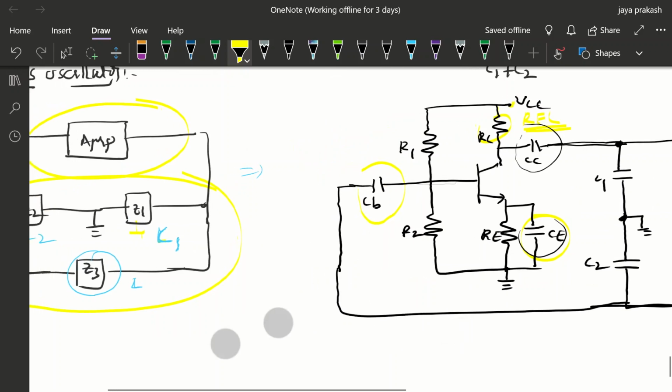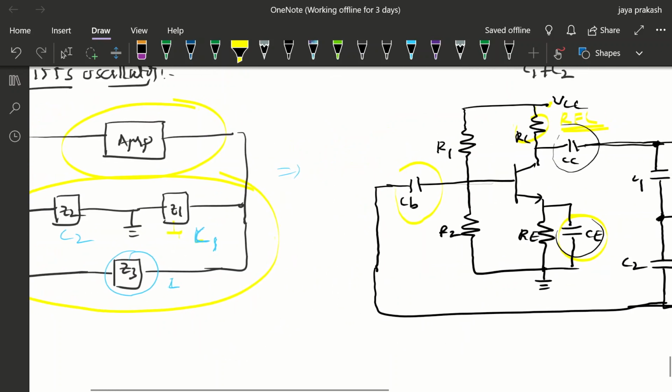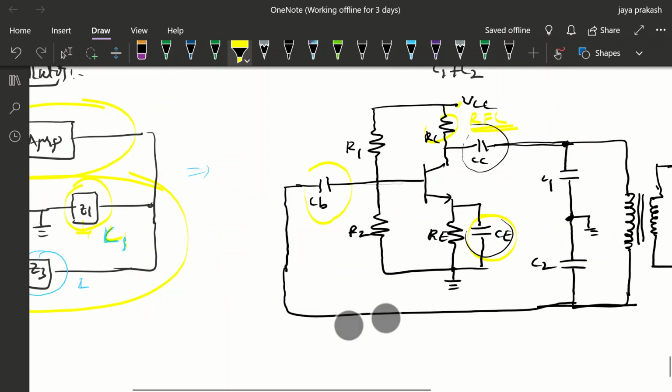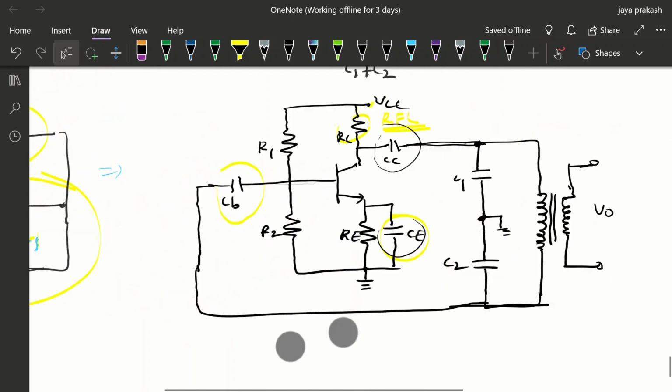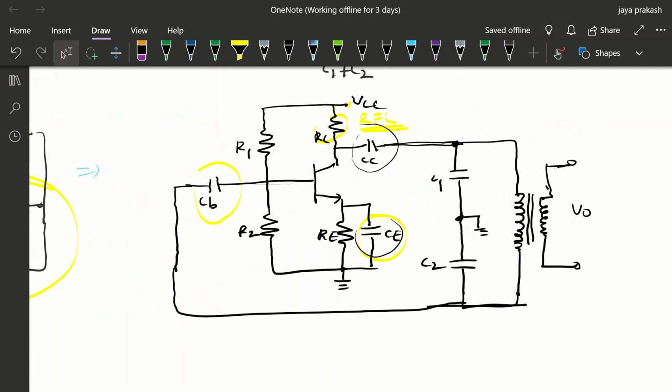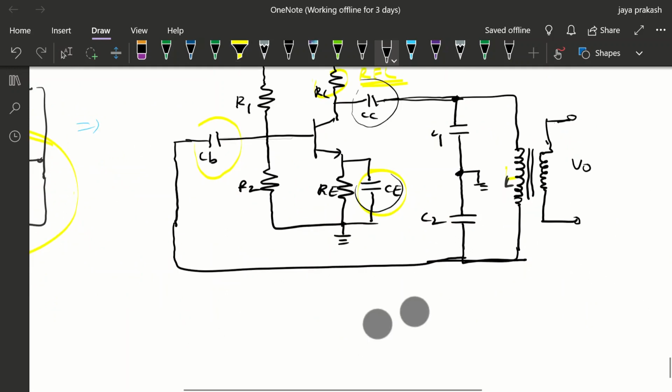If you see the block diagram of the LC oscillator, in place of Z1 we have connected C1, in place of Z2 we have connected C2, and in place of Z3 we have taken the inductor L. Now we will see the frequency of oscillation of the LC oscillator.